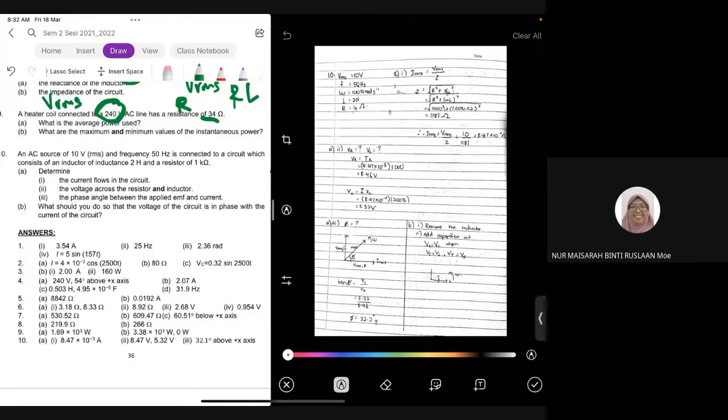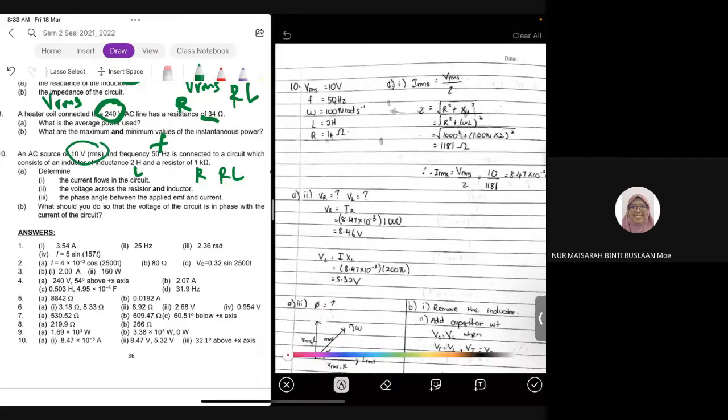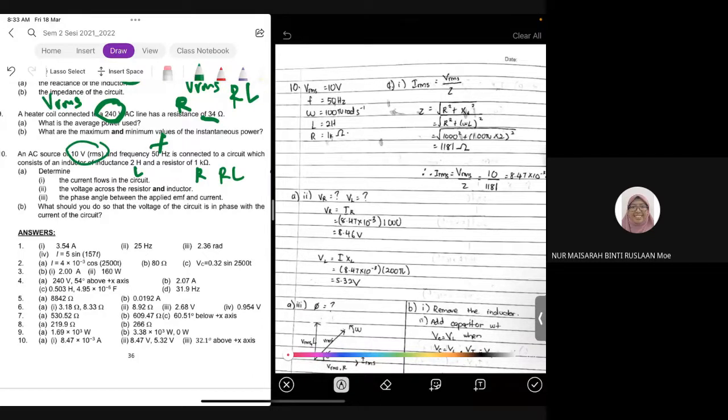So they give you VRMS, frequency, and then they give you an inductor and a resistor. So this is the RL case. They give you L, they give you the resistor. So the first thing you do, I will draw. This is the case with VR, I and VL. VL is on top, and VRMS is here. So V omega, meaning all of mine are in the upper part.